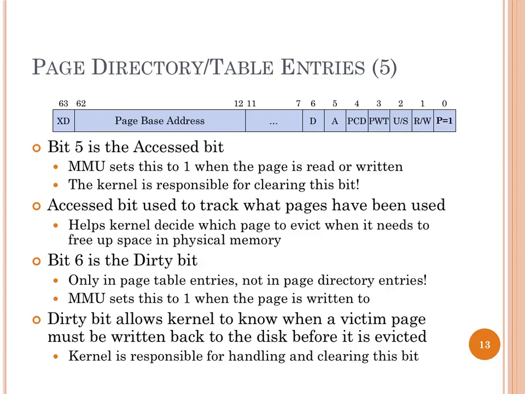A lot of processors don't actually have these bits. Like, again, waving my iPhone at all of you. It's got an ARM processor in it. Most of the mobile devices have an ARM processor in them. ARM means Advanced RISC Machines. And those processors do have an MMU, but the MMU's page table entries do not have an accessed and a dirty bit.